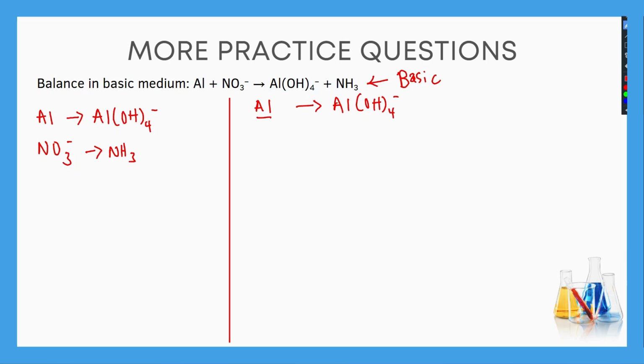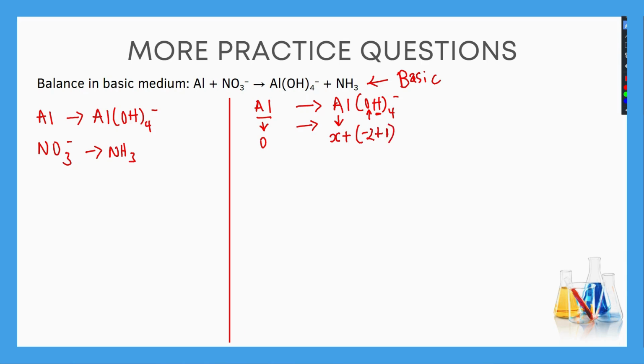Over here, you can see aluminum is in its pure state, which means that its oxidation number is 0, or it is neutral. But over here, we don't know the oxidation number of aluminum, so let's call it X, since it's in a compound. Then this becomes X plus, we have oxygen over here, which has the oxidation number of -2 in compounds, plus, over here we have hydrogen, and hydrogen has the oxidation number of +1 in compounds.